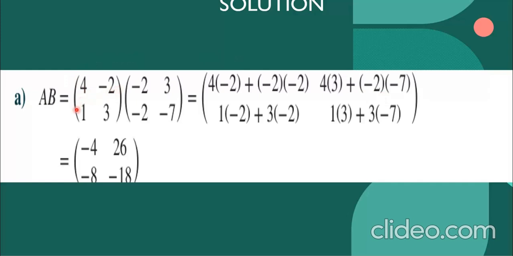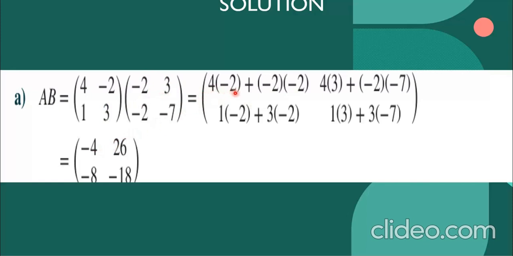We are now coming to pick the second row and multiply by each column of the second matrix. So 1 times minus 2, 3 times minus 2 over here. Then again, the row times the second column in the second matrix: 1 times 3 to get each entry.